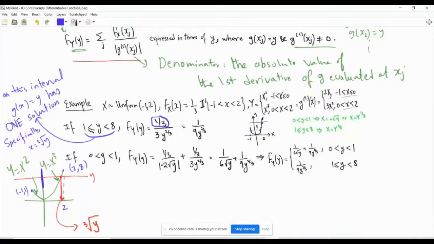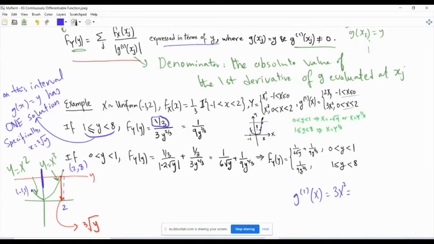What about the denominator? So in the denominator, basically, you have the function, so you need the derivative of the function. So basically, g1 of x is equal to 3x squared. Okay, and then you write it down in terms of a small y.